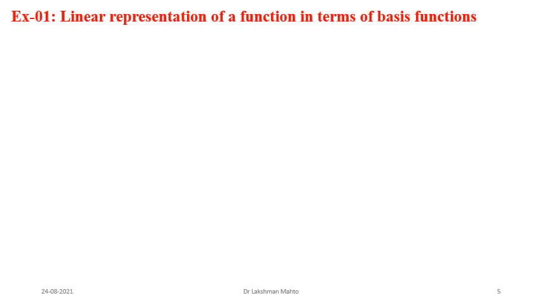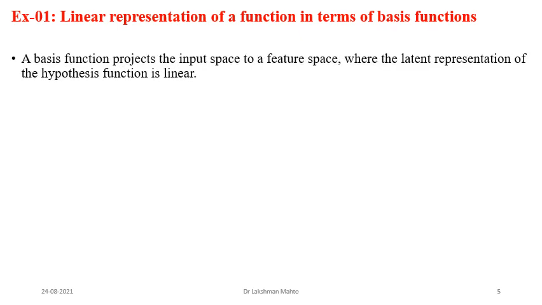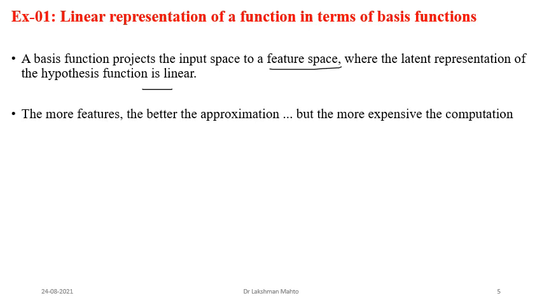Right now I'm talking about it from a general perspective. So here I will take one example. A basis function or feature map projects the input space to a feature space, where the latent representation of the hypothesis function looks linear, thanks to those parameters or coefficients.